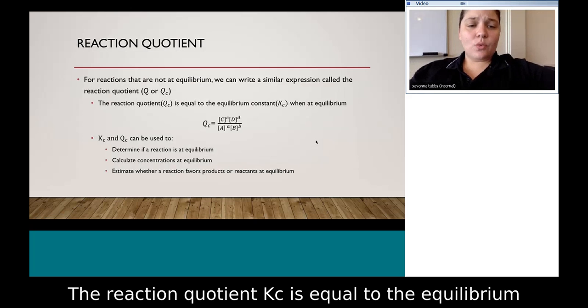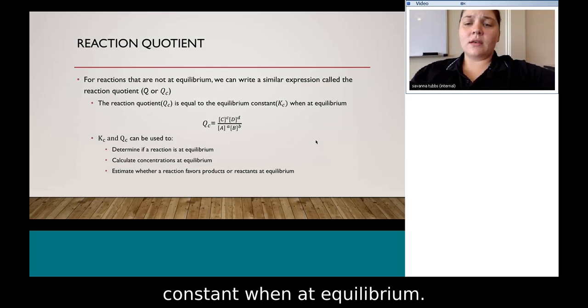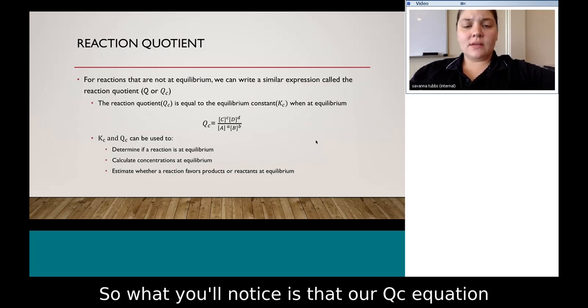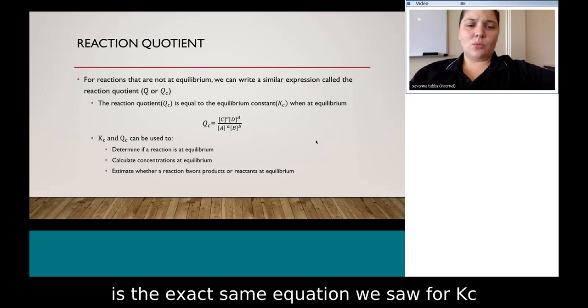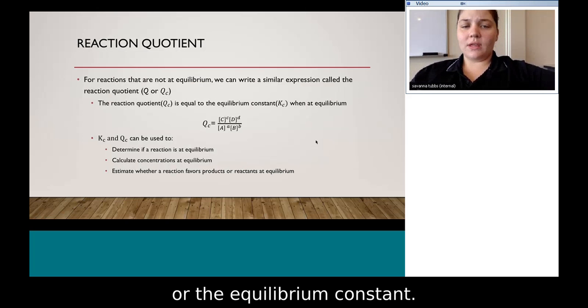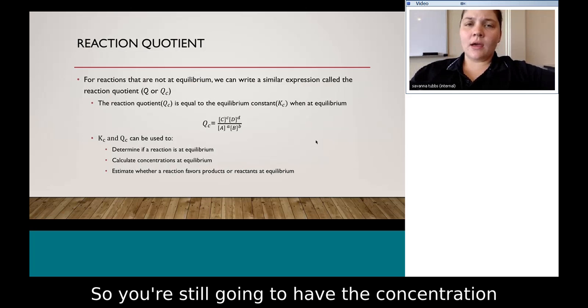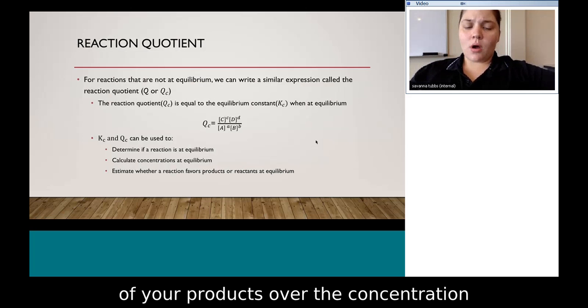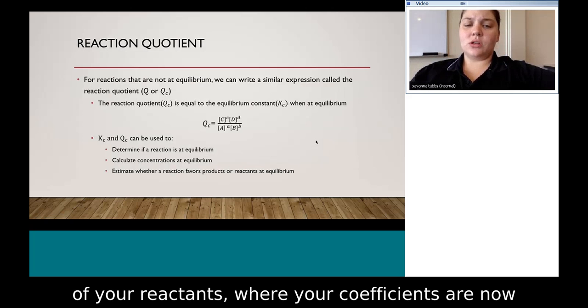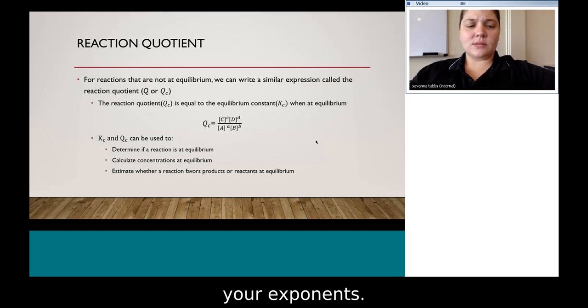The reaction quotient Qc is equal to the equilibrium constant when at equilibrium. So what you'll notice is that our Qc equation is the exact same equation we saw for Kc, the equilibrium constant. So you're still going to have the concentration of your products over the concentration of your reactants, where your coefficients are now your exponents.